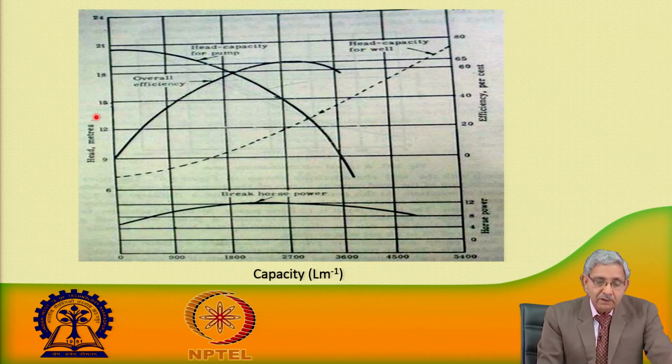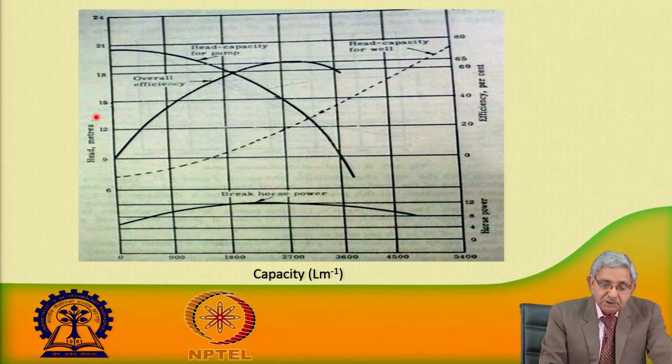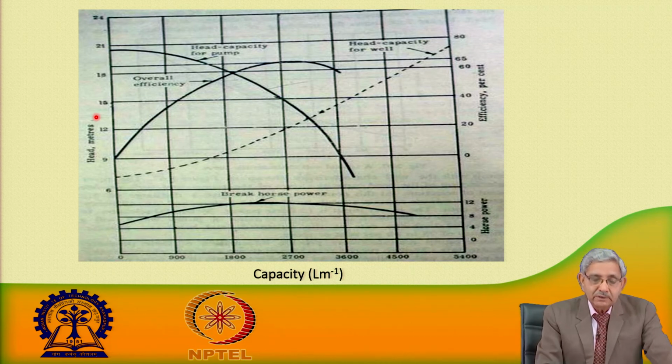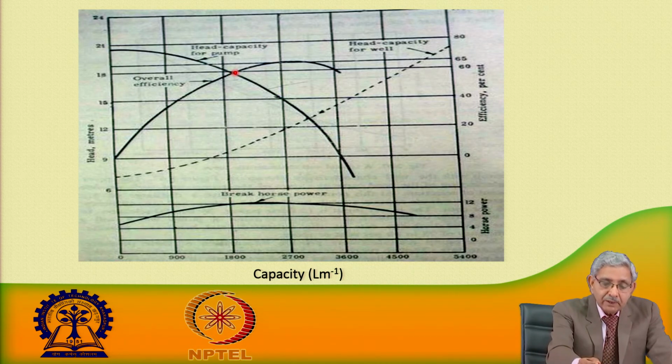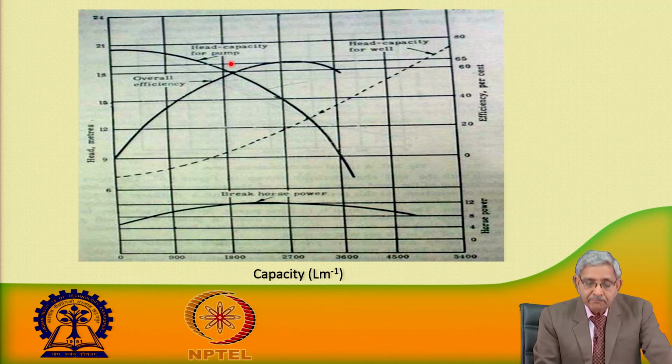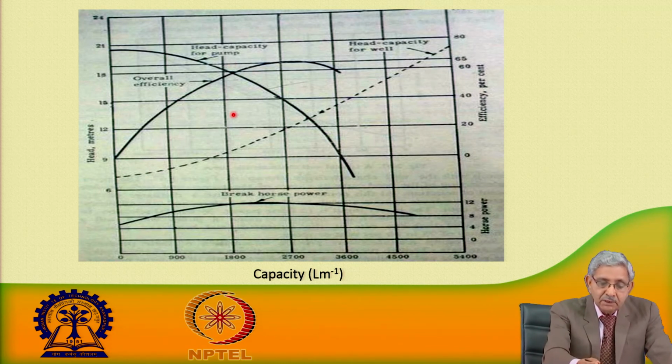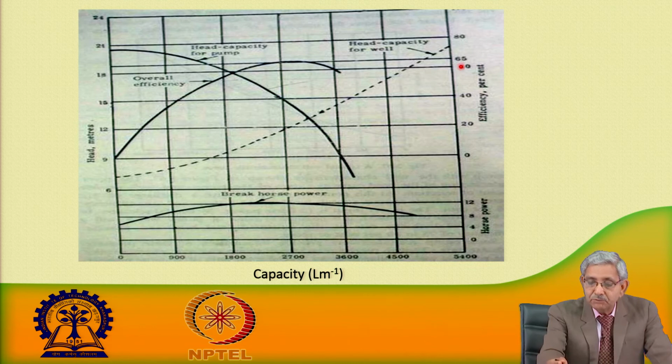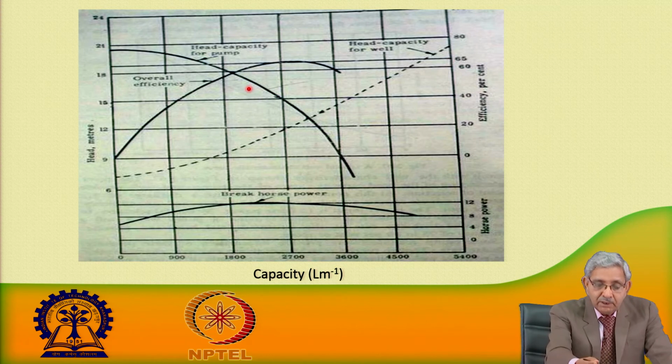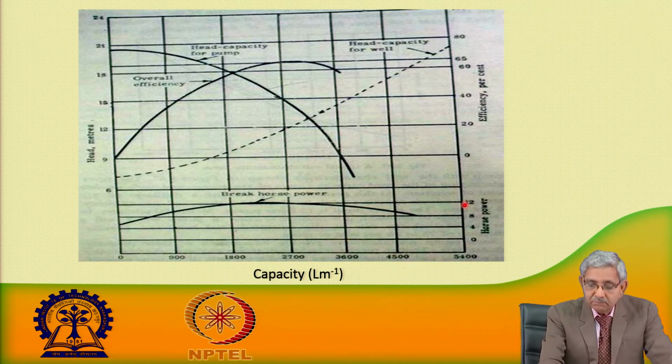When we plot the curves, we see what is the appropriate size. Here is the point of intersection, and at this point we get the efficiency, which you can see is about 60%. Corresponding to this is the head, that is the drawdown in the well, and the brake horsepower can be read from this point.